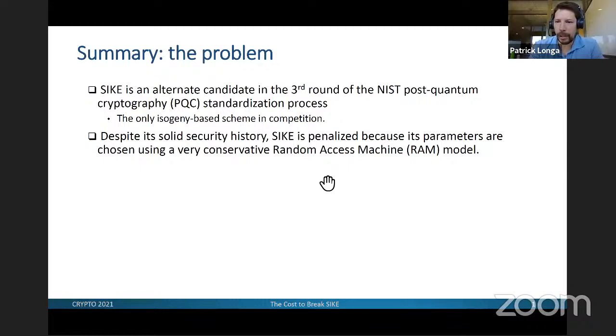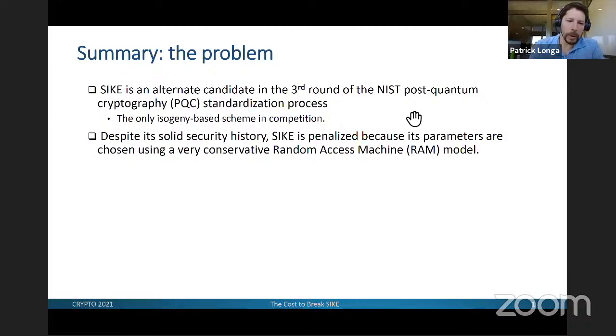The security of the scheme is based on the hardness of computing a large degree isogeny between 2 isogenous supersingular elliptic curves defined over a field of large prime characteristic. Now, the problem is that despite its solid security history, SIKE is penalized because its parameters are chosen very conservatively using a RAM model that doesn't take into account communication or memory costs.